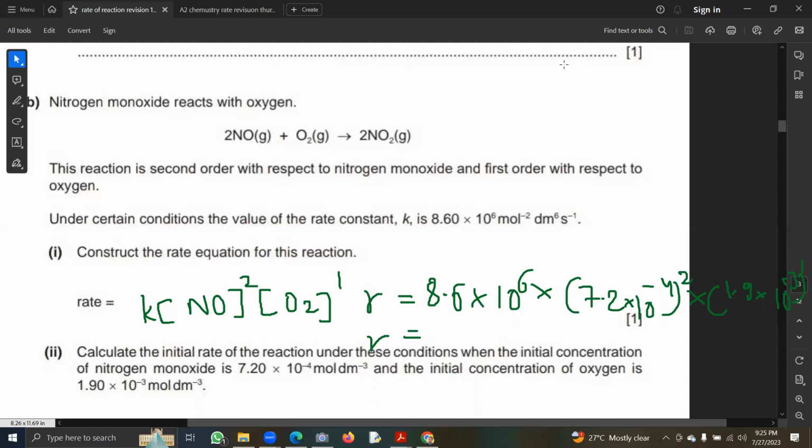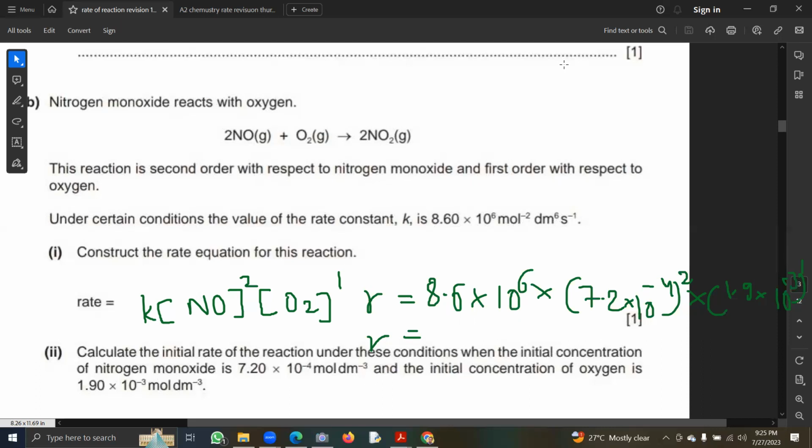Between the brackets, like power 2, it's multiplication, not addition. If you type it as it is in the calculator, then it will come automatically. Exactly what you have on the screen, type on the calculator. Don't think about the power, just type it as it is: 8.6 times 10 to the power 6, multiplication, bracket, 7.2 times 10 to the power minus 4, close the bracket, power 2.